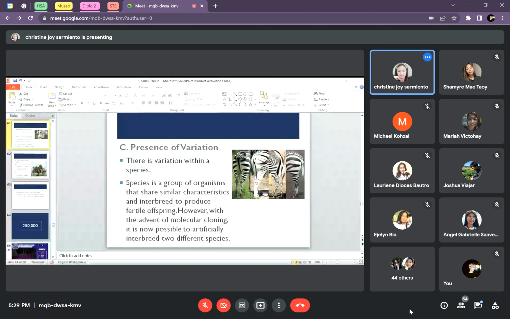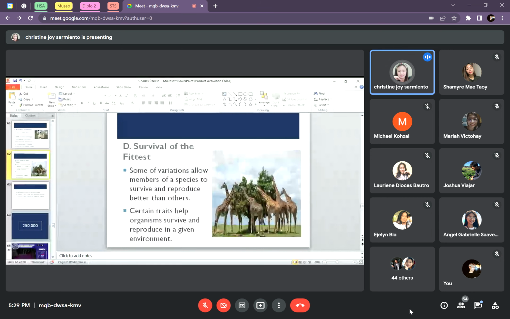So, in these variations, okay, survival of the fittest. So some of these variations allow member of a species to survive and reproduce better than the others. Those traits help organisms to survive and reproduce in a given environment. Okay? So that's very important, na magkaroon po ng variation of traits for you to survive in the environment.